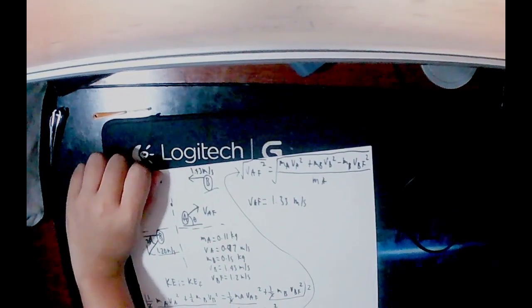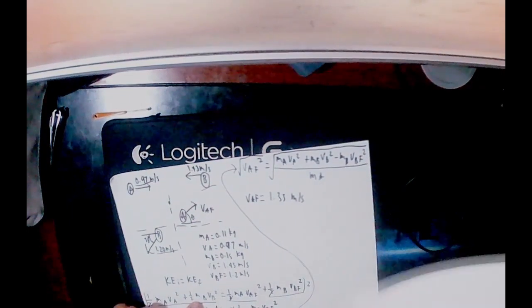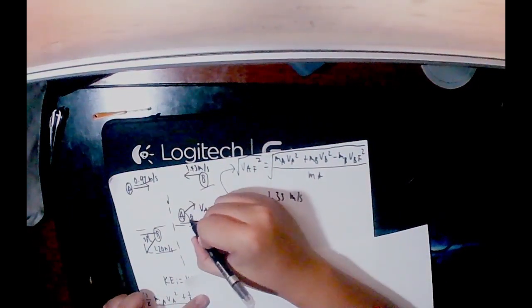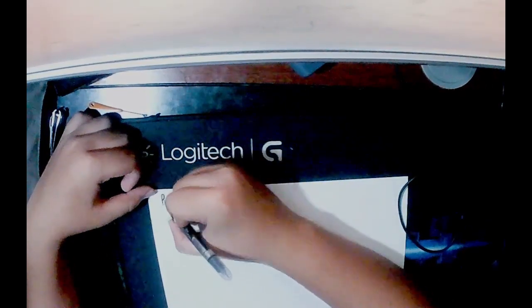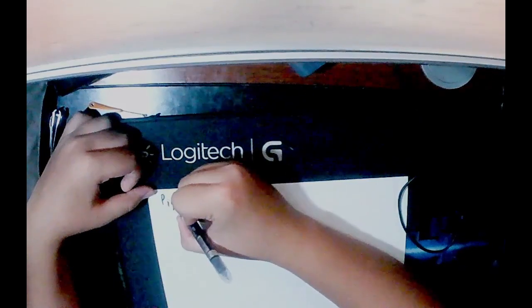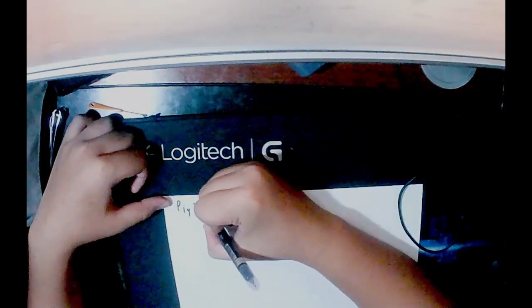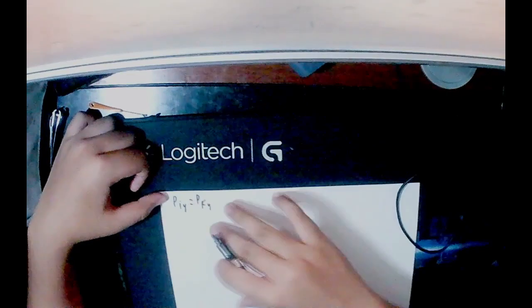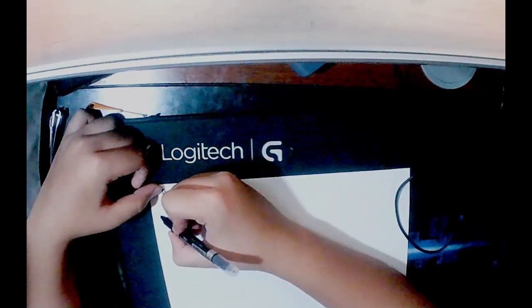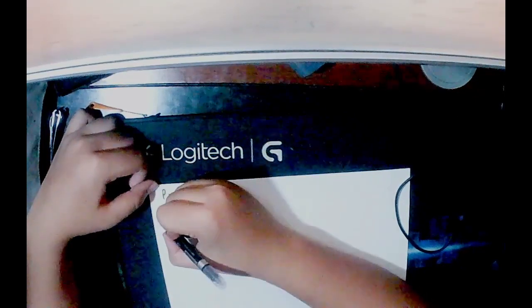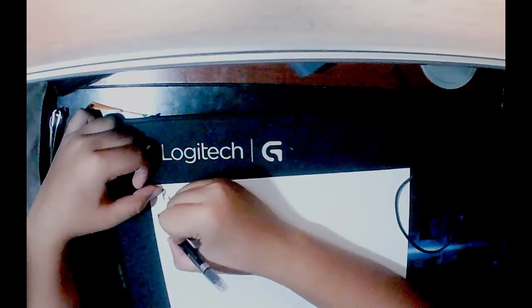So, next naman ay i-identify natin ang theta, which is ito. So, sa theta ay gagamitin natin ang formula na P sub IY is equals to P sub FY. Okay. So, expand natin ito at ito ang kalalabasan.